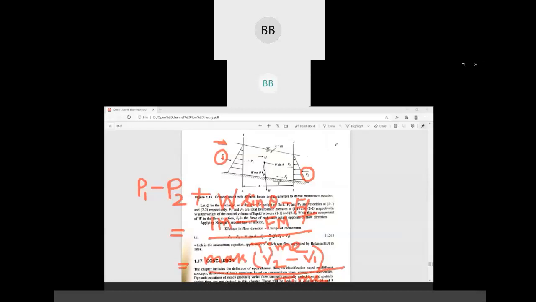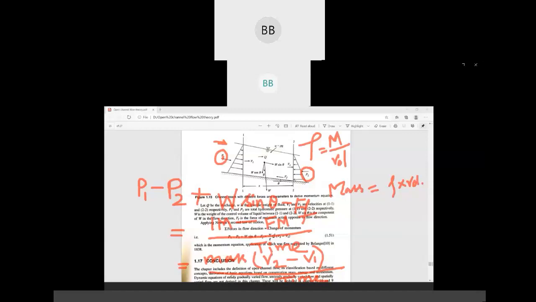Then density equals mass by volume. Density is nothing but mass by volume, so mass equals density multiplied by volume.